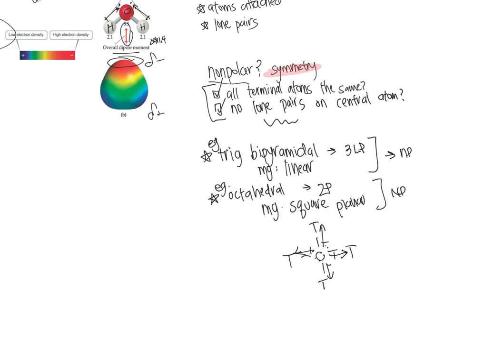So we would have these two dipoles canceling out there, and these two dipoles canceling out in that direction, leading to a nonpolar molecule. So these are my only caveats: molecular geometry of linear and square planar, where we have nonpolar molecules even when we have some lone pairs.